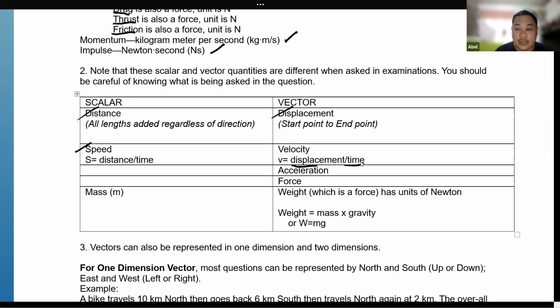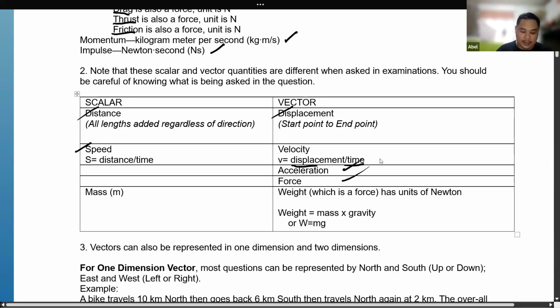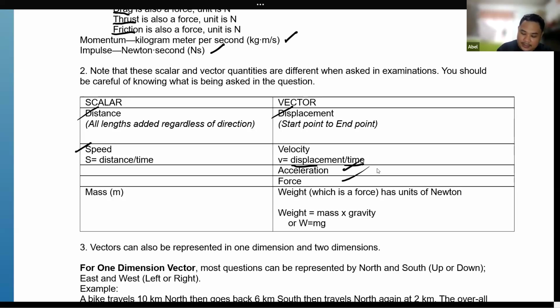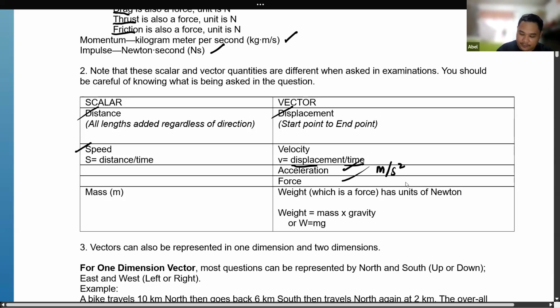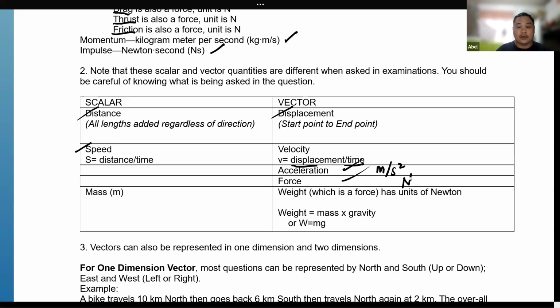So we also have acceleration and forces as our vectors, and we know that acceleration has a unit of meter per second squared, and force has a unit of Newton. Now, most of the time, students are confused with the terminologies mass and weight. When we are in chemistry, we sometimes don't really give emphasis to the difference between mass and weight.